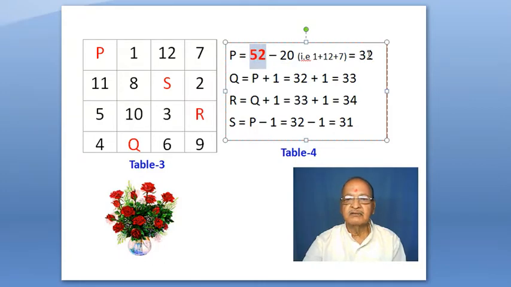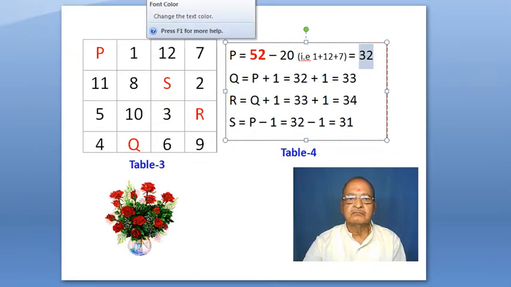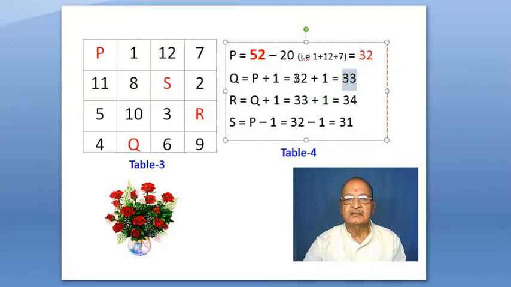So we get the value of P as 32, and Q is P plus 1, 33, R is Q plus 1, 33 plus 1, 34. Very simple. And the value of S is P minus 1. P is 32, so minus 1 is 31.